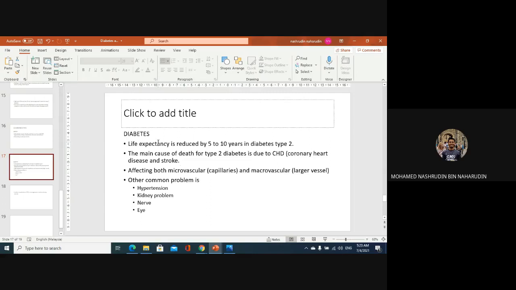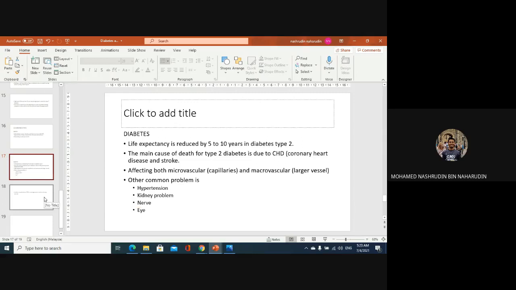For the diabetes population, their microvascular and macrovascular systems, meaning capillaries and large vessels, can also be affected, so you have to keep that in mind as well. Apart from cardiovascular heart disease and stroke, they have problems with their blood system and neural system. Other problems are hypertension, kidney problems, nerve problems, and eye problems. So these are the problems that they might experience.